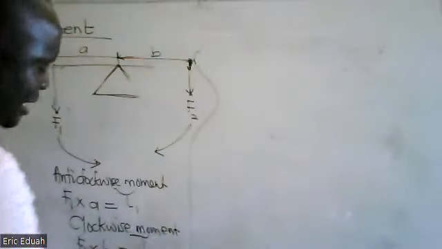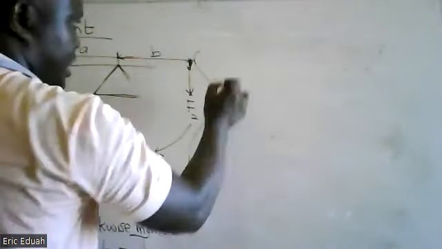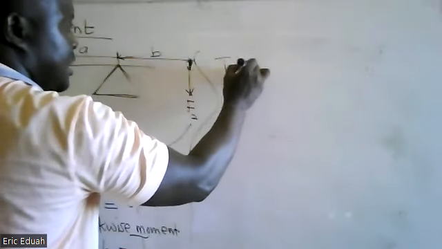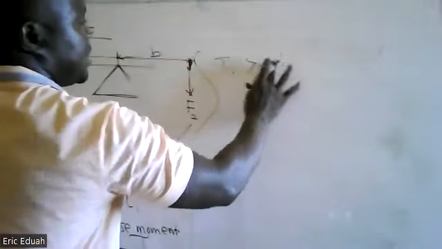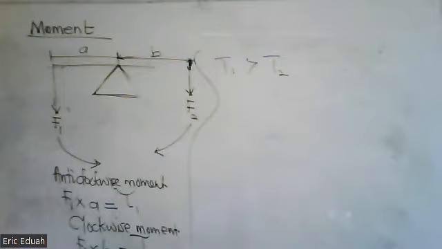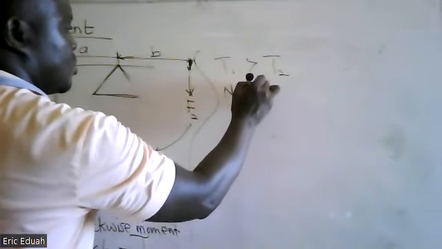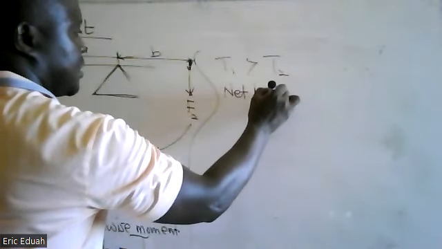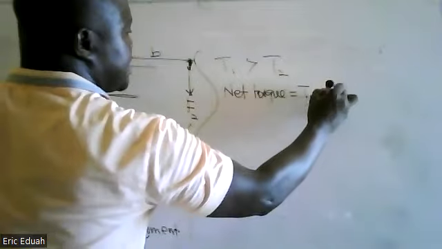Depending on the magnitude of T1 and T2, if T1 is greater than T2, then the net torque would be equal to T1 minus T2.